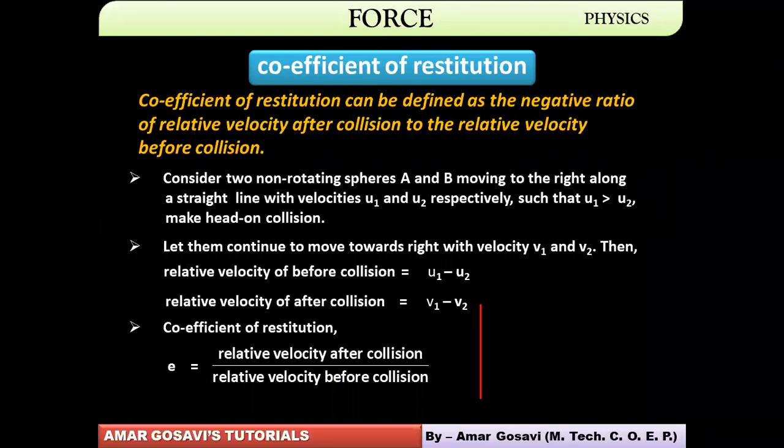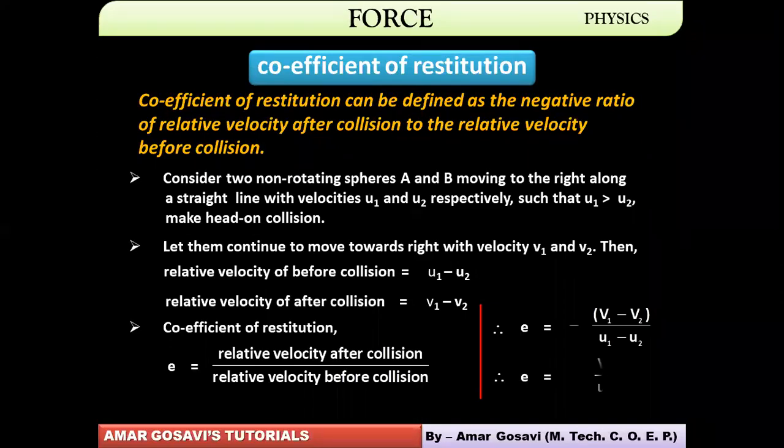It was a negative ratio, obviously. Therefore, it is minus of (v1 minus v2) divided by (u1 minus u2). Then you insert the negative sign in the bracket, the order changes, and the same equation can be represented without a negative sign as (v2 minus v1) upon (u1 minus u2).